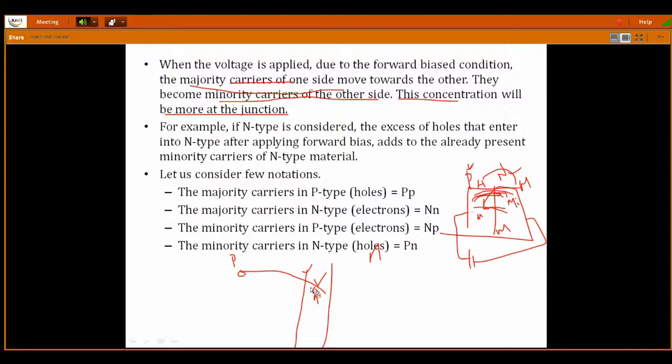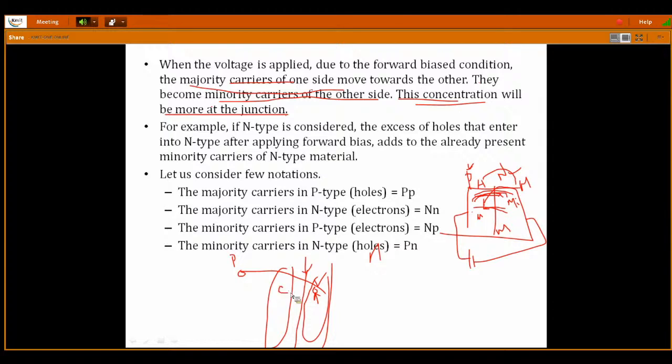That means the charge carriers entering into the N region are very near to the junction. That is what he is saying. Now they will become the minority charge carriers on the other side, and this concentration will be more at the junction. That means at the junction, on this side, minority charge carriers are more. Near the junction, on this side, electrons are more, minority charge carriers are more.